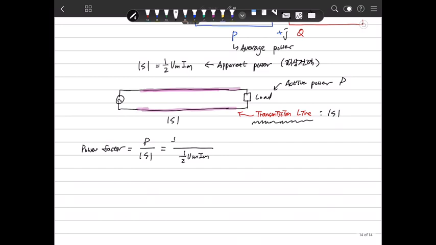So the power factor will be cosine(theta V minus theta I). We represent the power factor as PF.